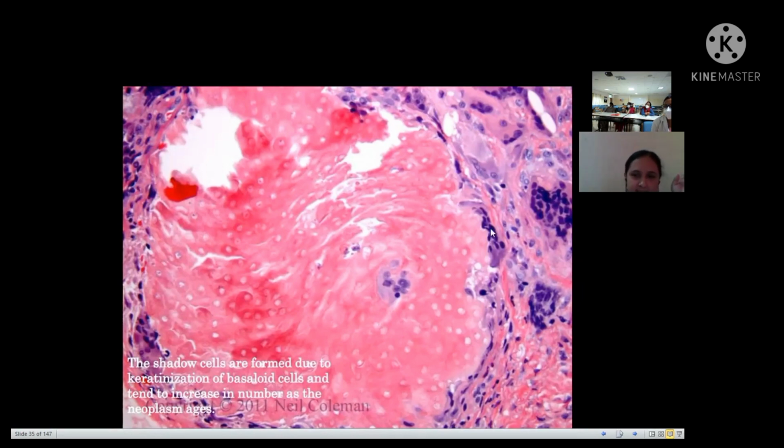But these matrix cells show shadow cell keratinization in the hair. BCC with shadow cell differentiation can be considered as a differential diagnosis, but the classical features of basal cell carcinoma are not seen in this case.